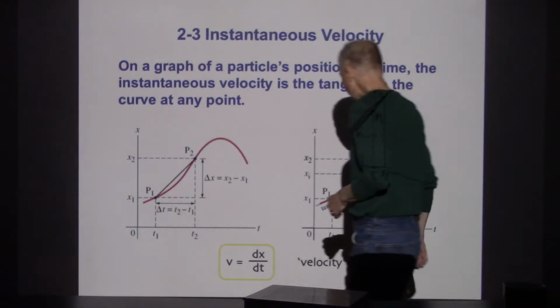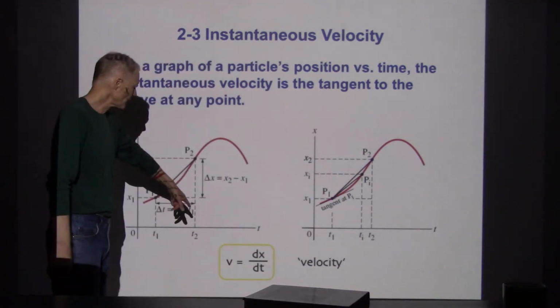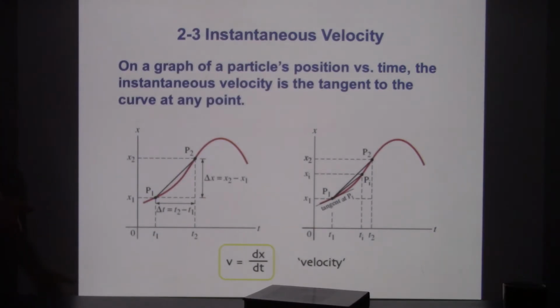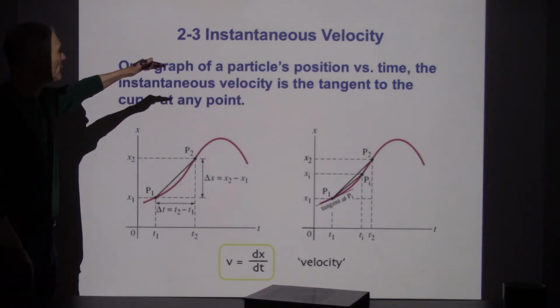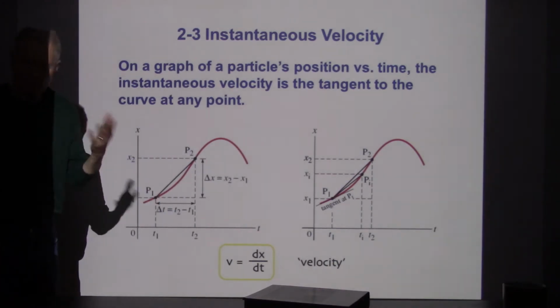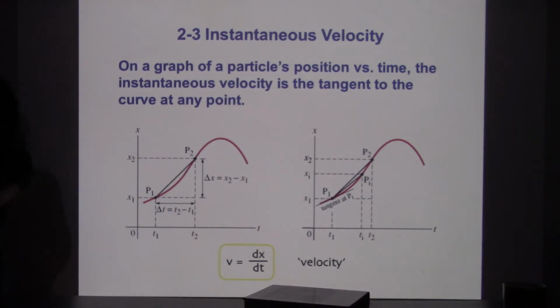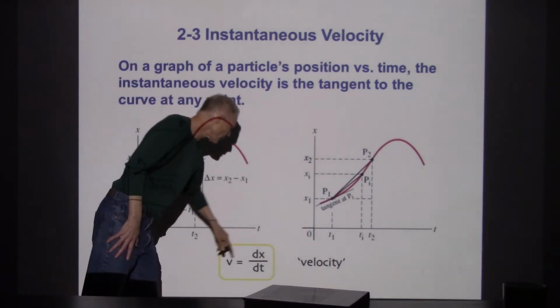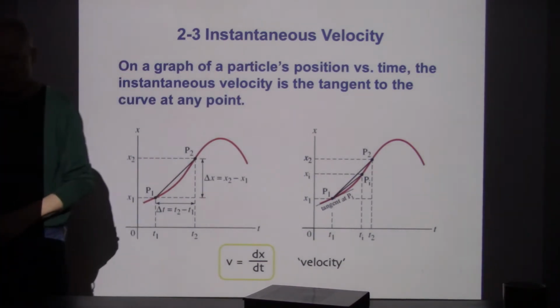So this is going to be our definition for velocity. By the mathematical definition, instantaneous velocity is really just velocity, so we're typically going to drop the word instantaneous. When we say velocity, we're indicating velocity at a particular instant in time. And so velocity at any instant is given by dx dt at that instant.